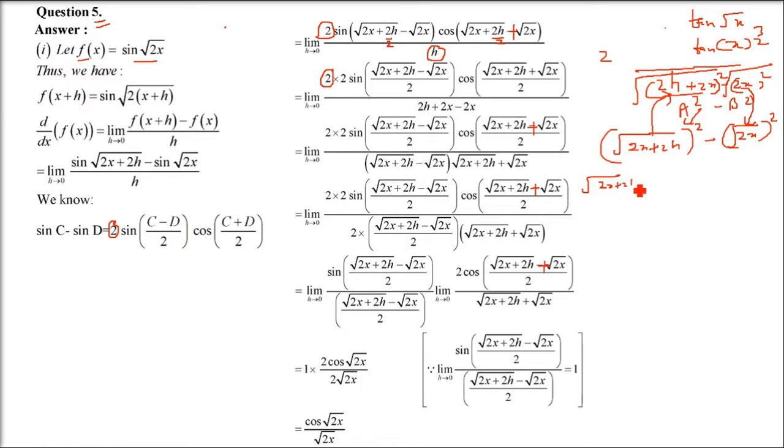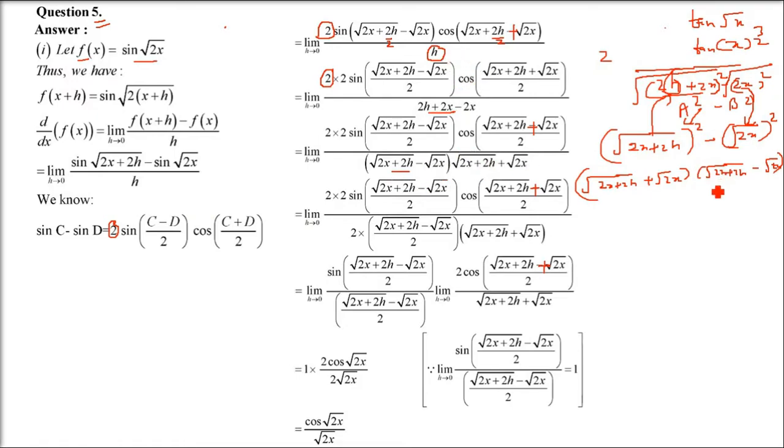So h can be written in this form: a squared minus b squared, which is a plus b times a minus b. That is, root 2x plus 2h plus root 2x, times root 2x plus 2h minus root 2x. We started with h and we have got this.